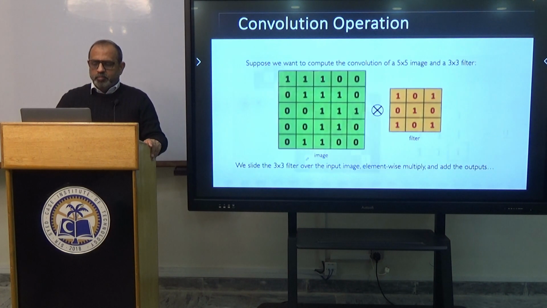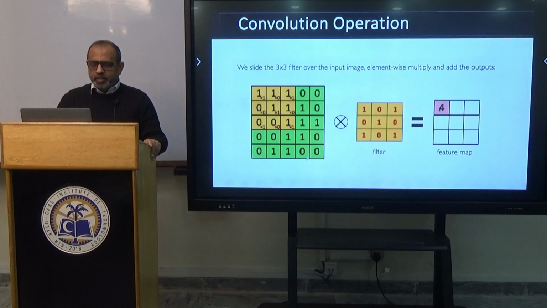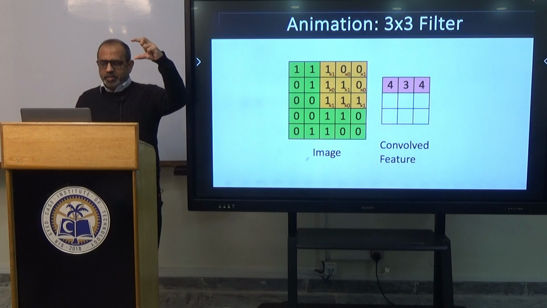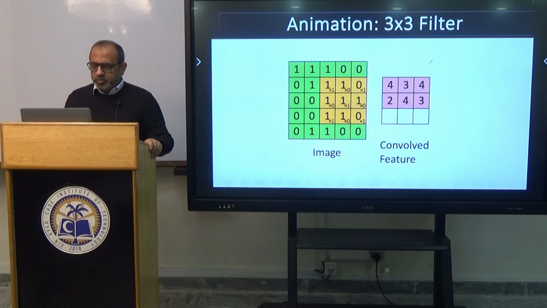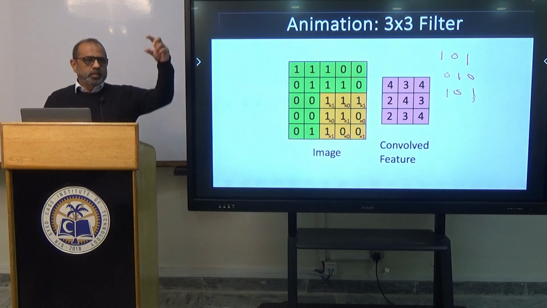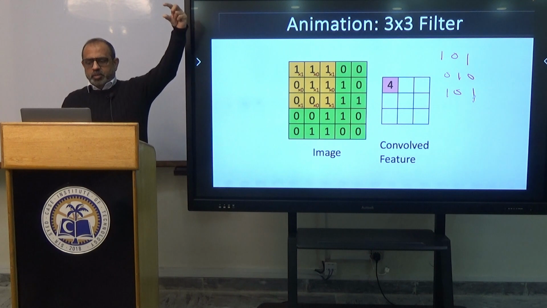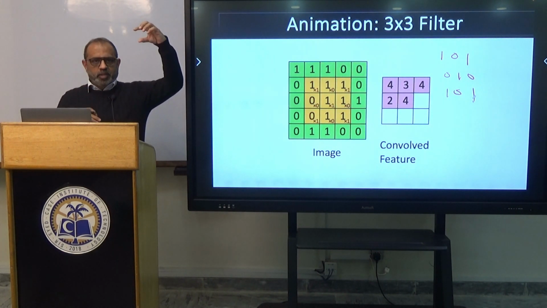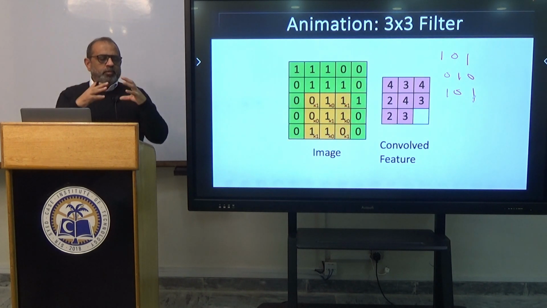So you perform convolution, and I have this animation. You have this mask which is 1, 0, 1, 0, 1, 0. This is just another mask, showing how we do it. We place it in the corner and multiply every element of the image with every element of the mask and add all of them together.